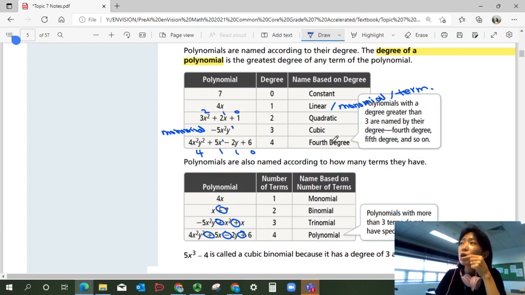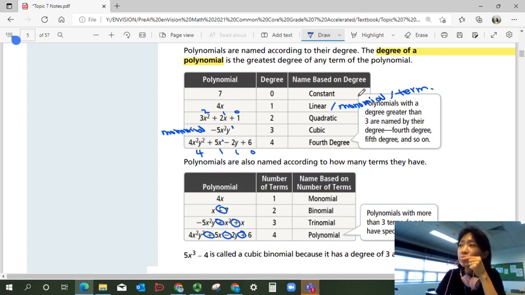All right, so then you have different names based on the degree and based on the number of terms. So remembering that, you can find one unique name for each polynomial. Okay, so for example, 5x cubed minus 4, what would that be called?